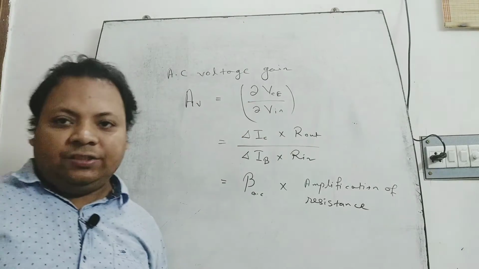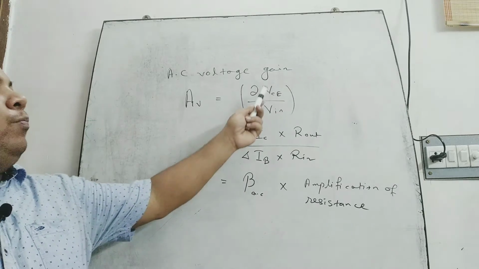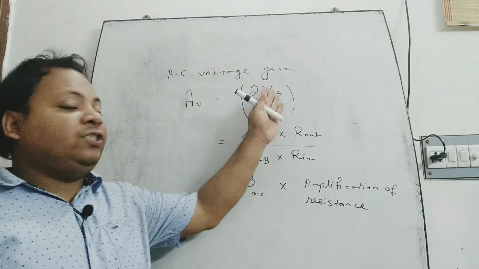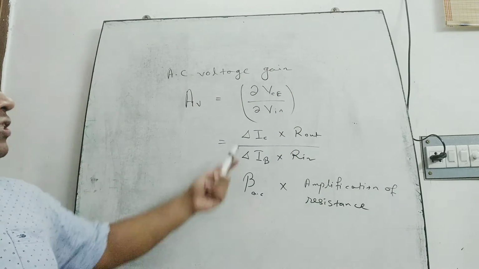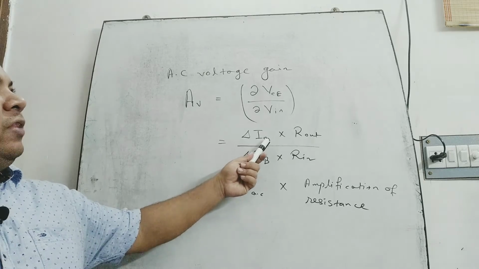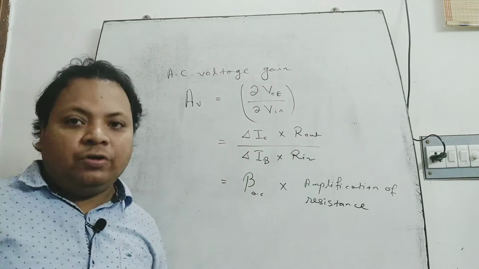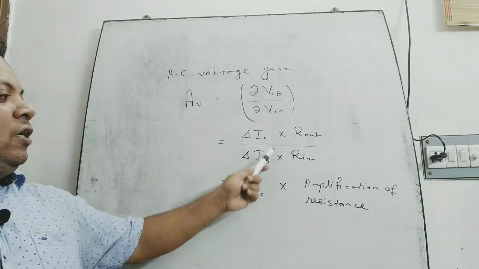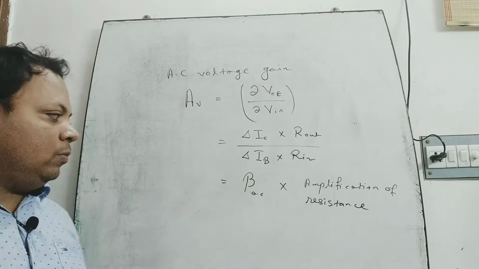Now, AC voltage gain. AV is equal to ∂VCE by ∂Vin, that is, change in output voltage by change in input voltage. This is equal to change in output current, ΔIC, into output resistance or load resistance, divided by ΔIB, the change in base current, into input resistance RIN.